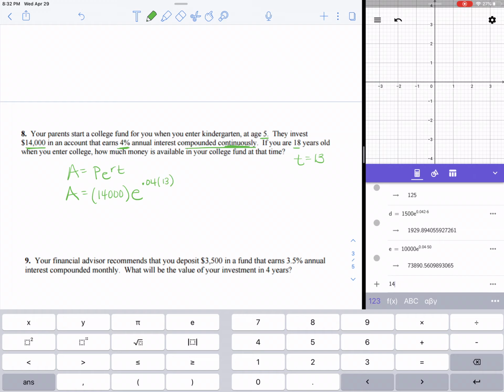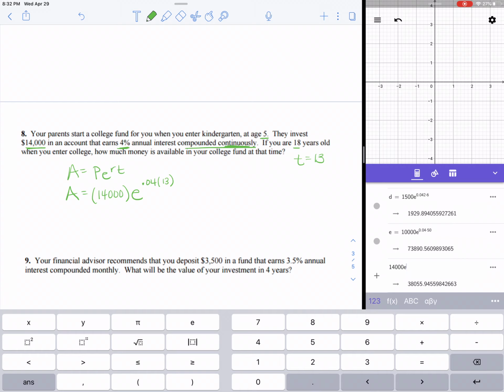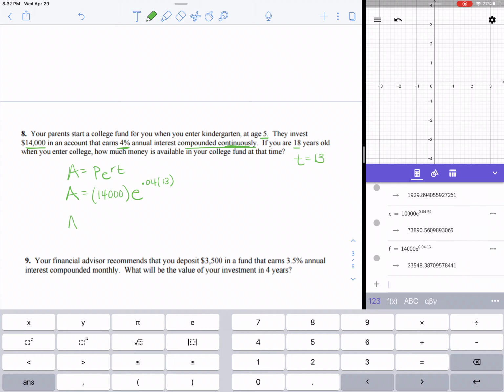The next input, 14,000 E to the 0.04 times 13, and you're going to get $23,548.39. If it doesn't tell you what to round to with money, you're just going to round to the nearest cent. So that's it. That's how much money you would have when you're ready to go to college. Hopefully that would take care of some of it.